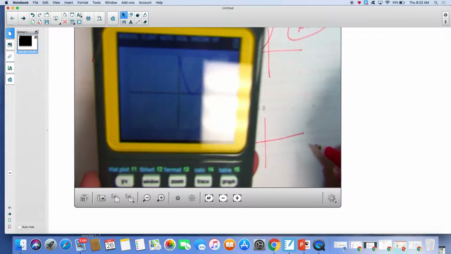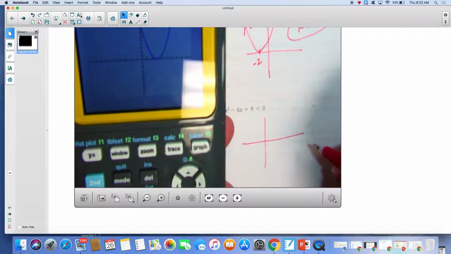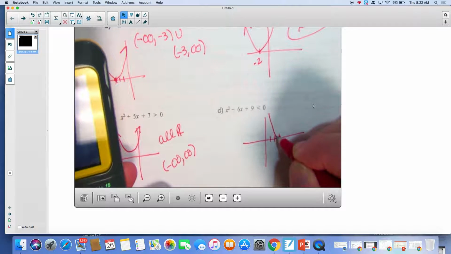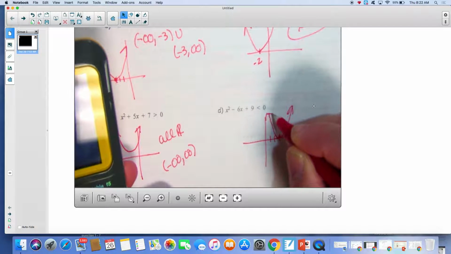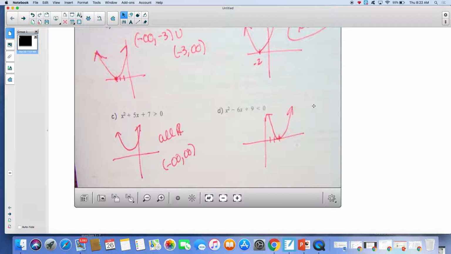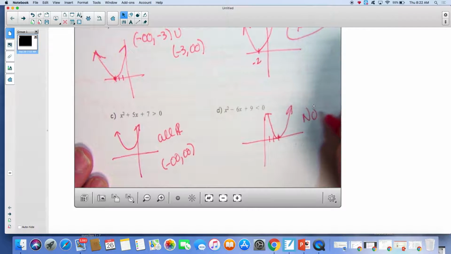This one here has vertex at 3. And when will this graph be less than 0? Never. So this is no solution.